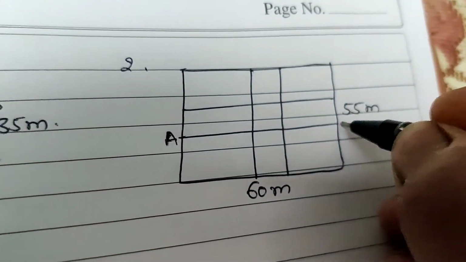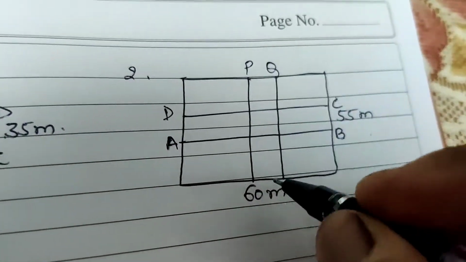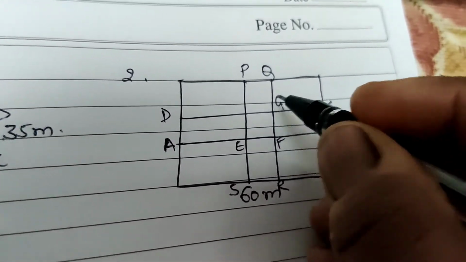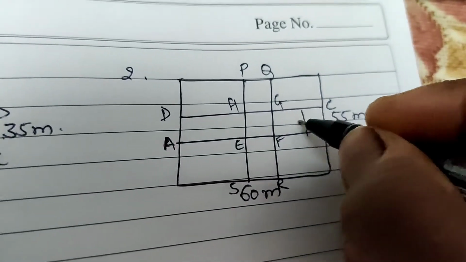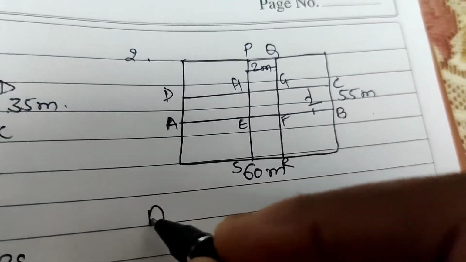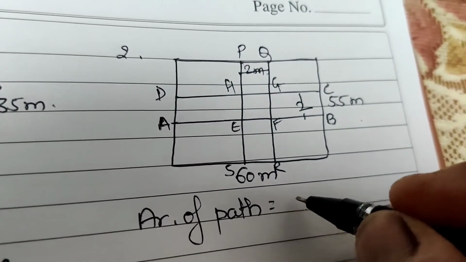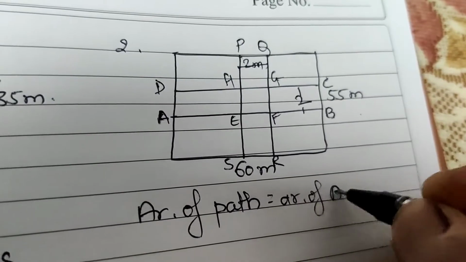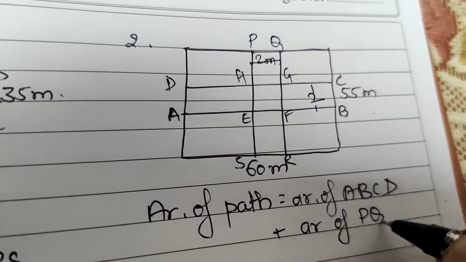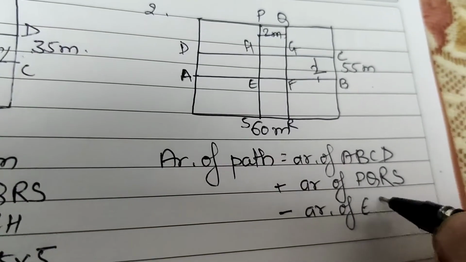like question number 1. This is a rectangle ABCD. Second rectangle PQRS. And third is EFGH. This is a square. The breadth is 2 meter. This is also 2 meter. So we can write direct area of both paths: area of ABCD plus area of PQRS minus area of EFGH.